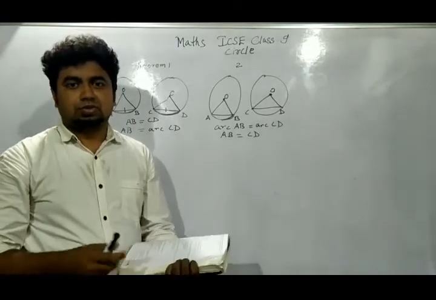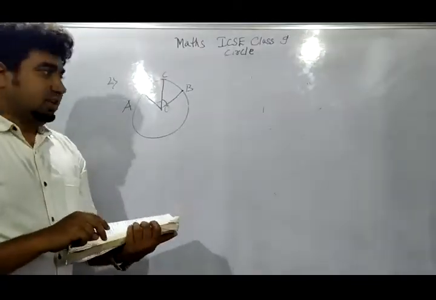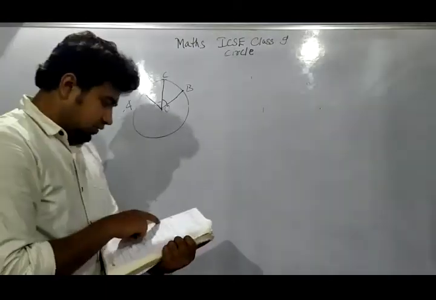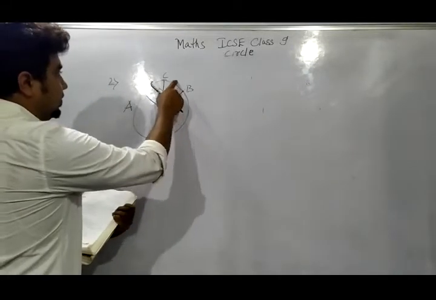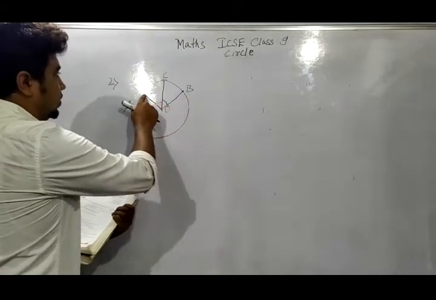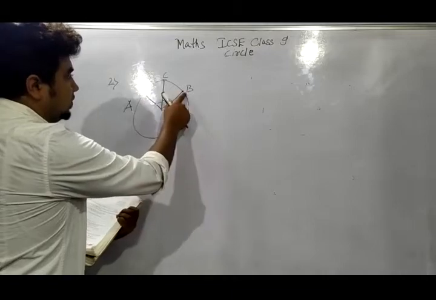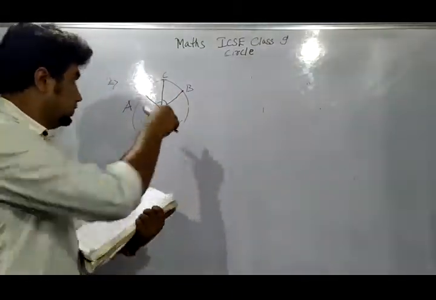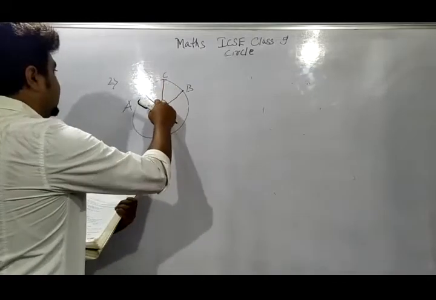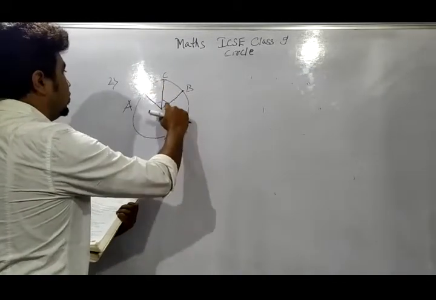Now we'll be moving to the question. We are going to discuss question number 2. In question number 2, A and B are two points on a circle. This point is A and this point is B on a circle. I have drawn these two points. One is A, another is B. And C is also a point on the circle which bisects angle AOB.